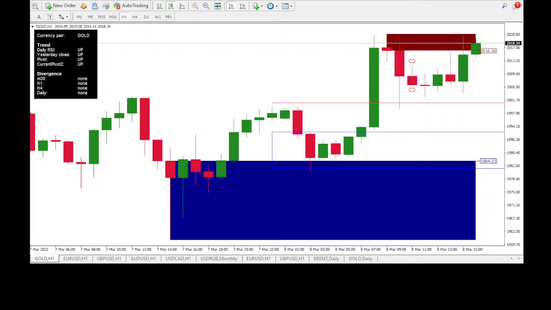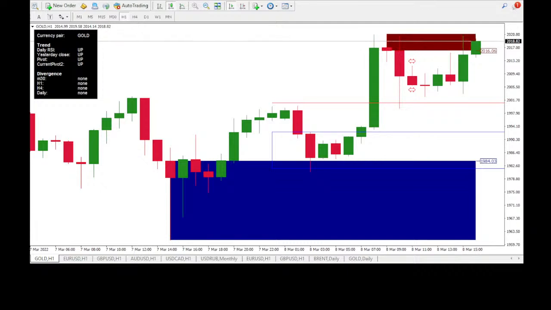For example, the Euro market is open after Frankfurt and London markets open, and after that we create some kind of high and low area, and then we monitor what happens there.